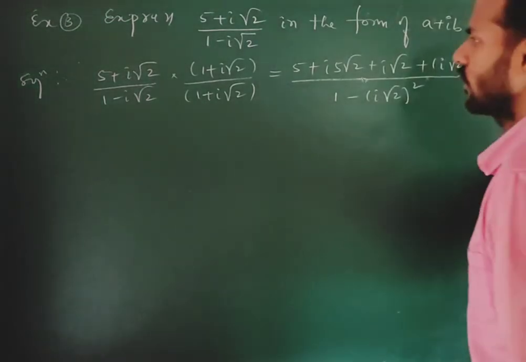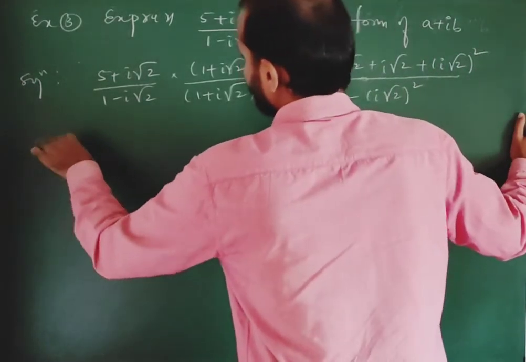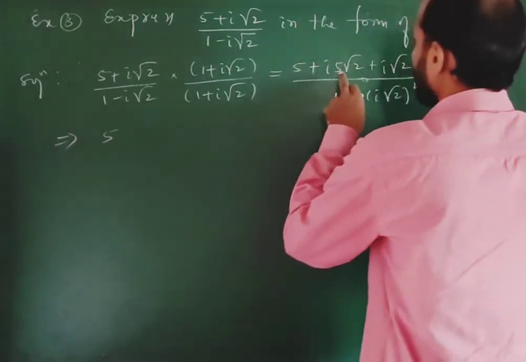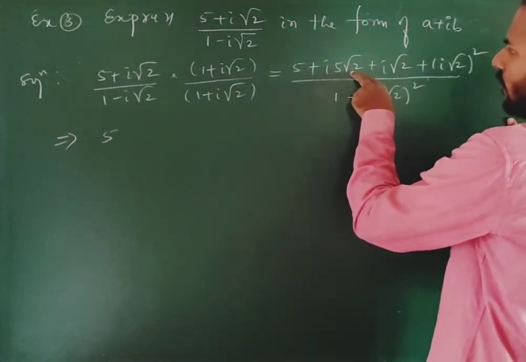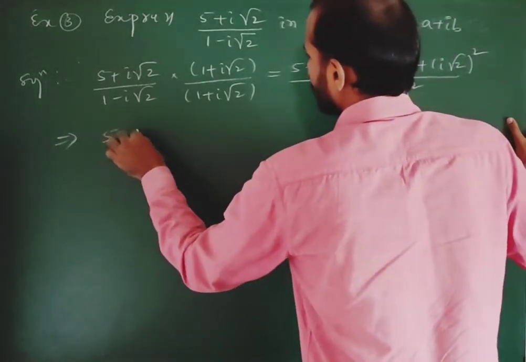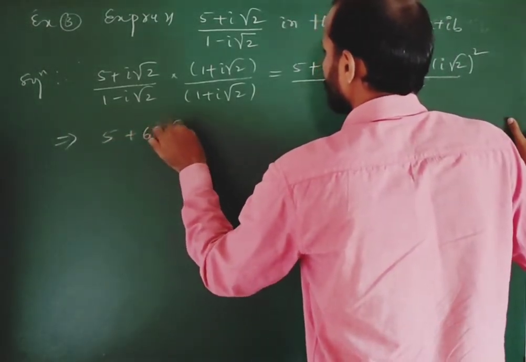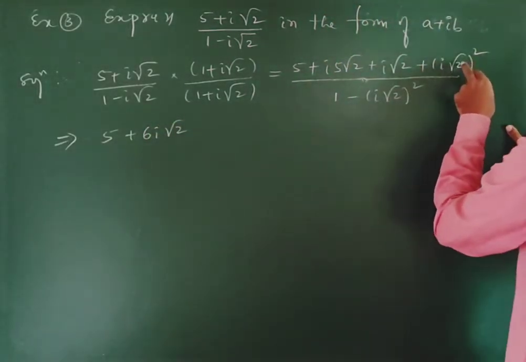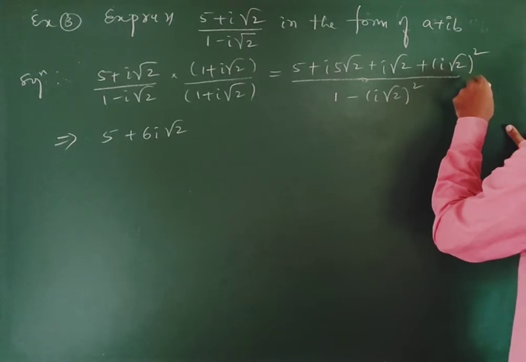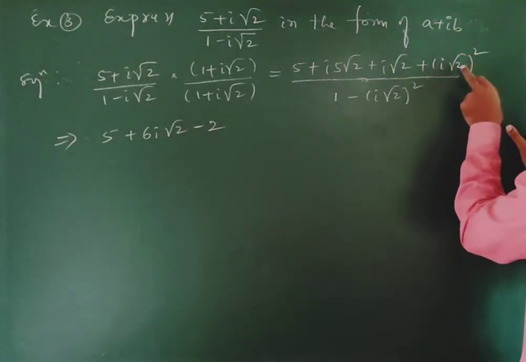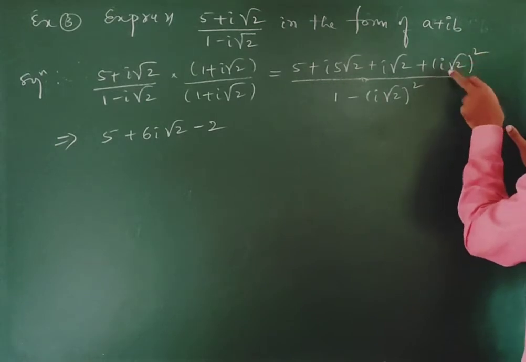Now, which implies 5 as it is plus 5i root 2, 1i root 2 is 6i root 2. Next, i square, square root gets cancelled, what we get here? Minus 2. Square root gets cancelled, only 2 remains. i square means minus 1.